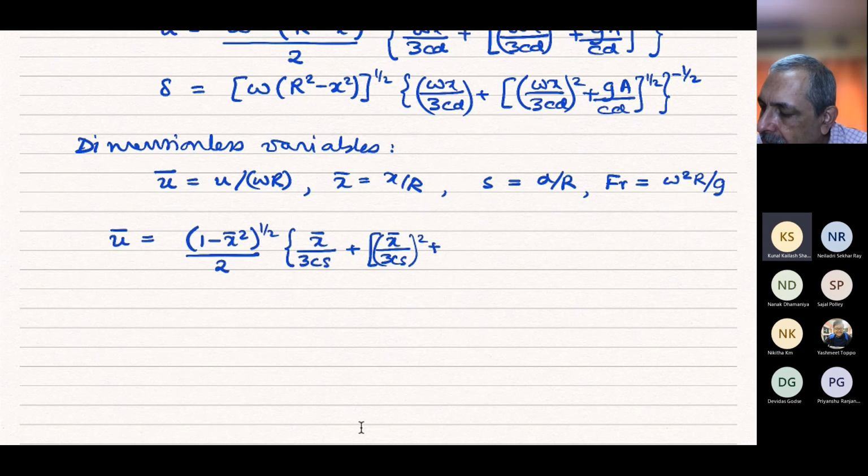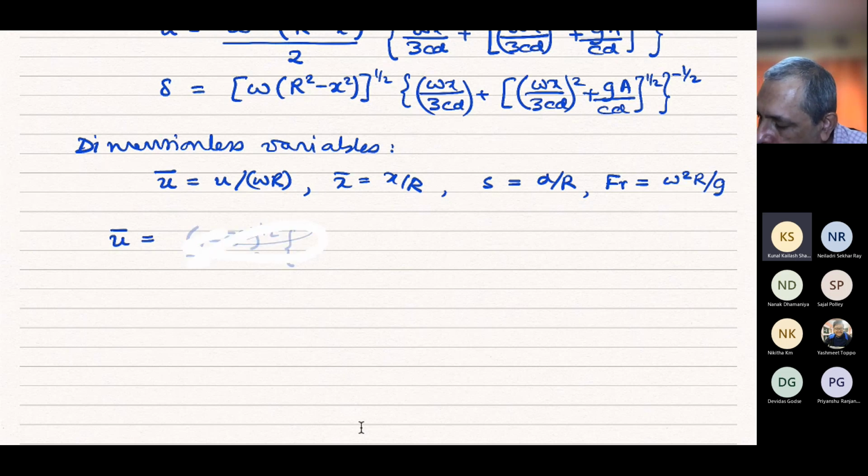I'm sorry, I'll just give you the final result. If we do all the simplifications, then what do we get? Instead of doing the intermediate steps, I'm just giving you the final result, and then we can look at it in more detail in the next class.